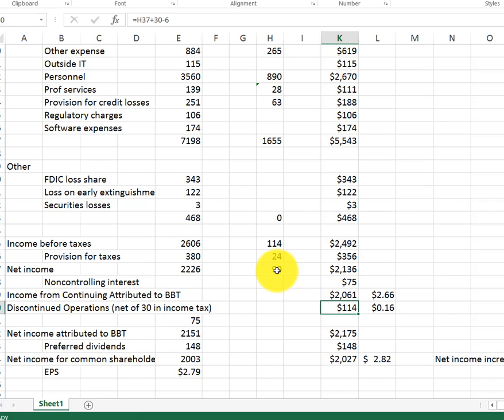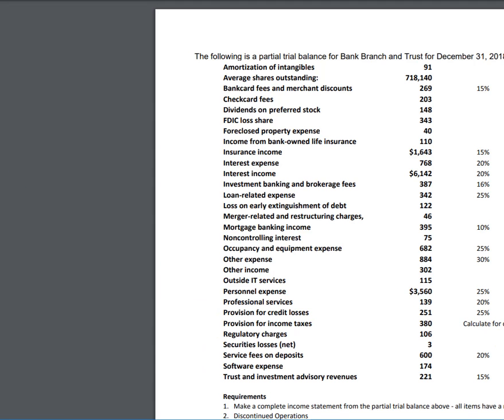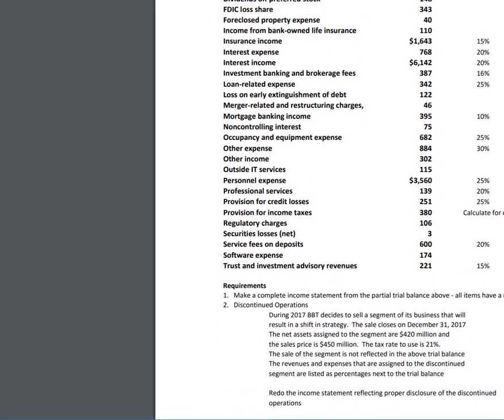If you'll go back to our original problem here, it says that we're going to sell it for $450 million, and it costs us $420. So the gain there is $30.